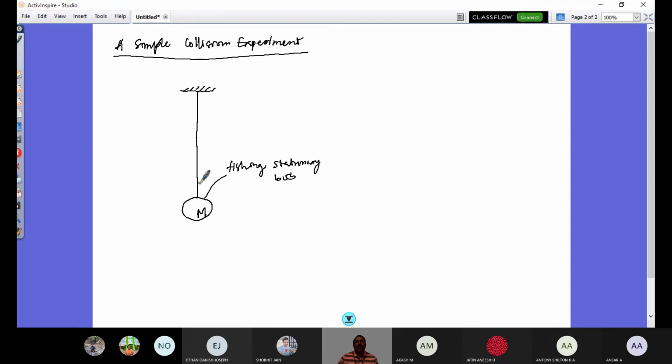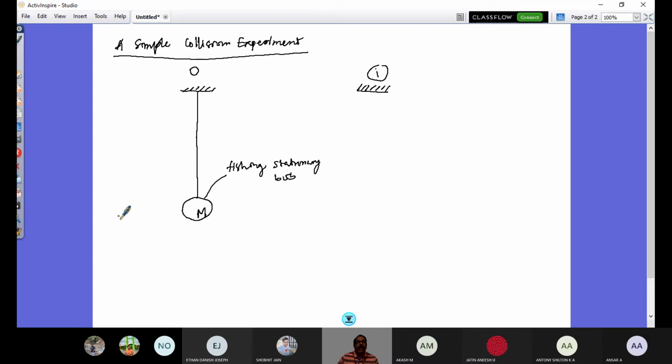This bob is now stationary, so there is no velocity. This is state zero, let's say, event zero. The next event is that this is going to be hit by a ping pong ball. The ping pong ball comes from a toy gun.